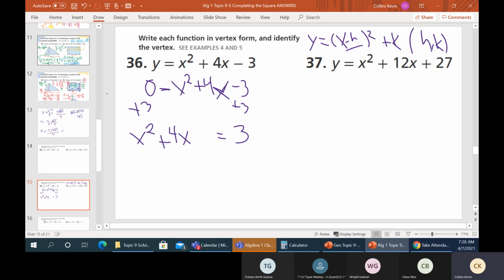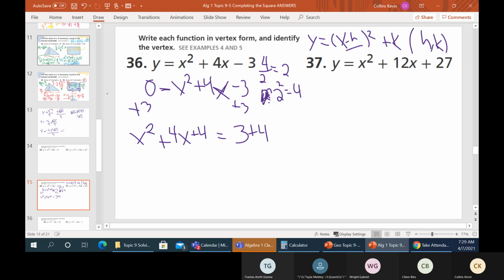Again, we take the number in front of the x, that is 4. We divide him by 2, that's just an automatic thing. And we get 2. And then we take the 2 and we square it. 2 times 2 is 4. So we're going to add a 4 here and a 4 here.